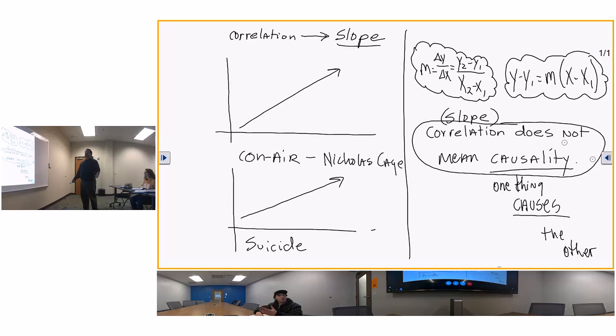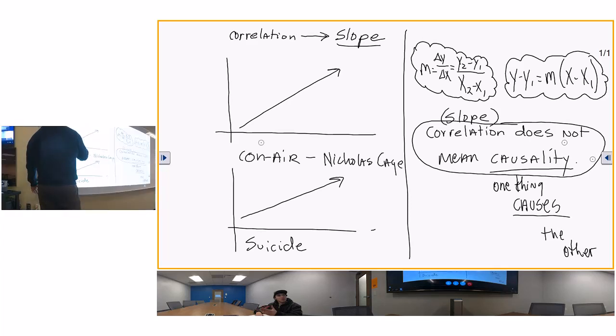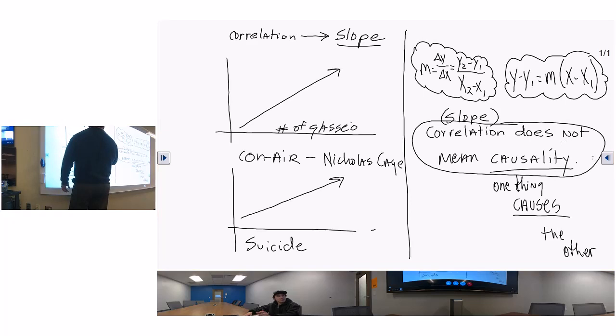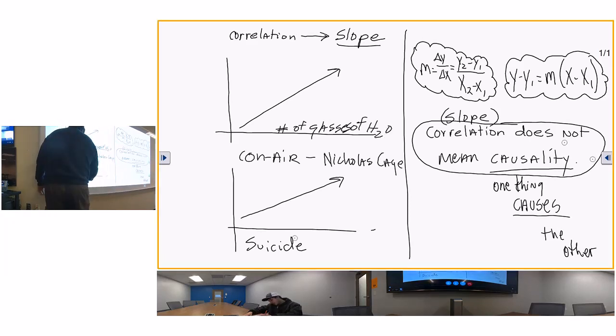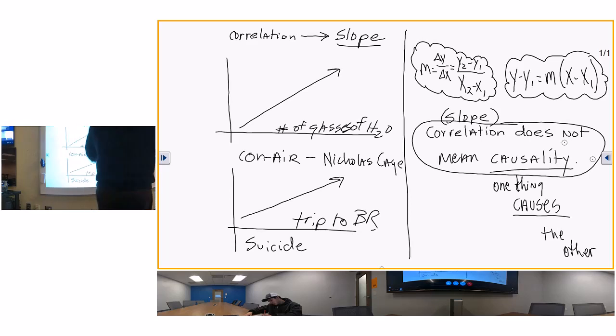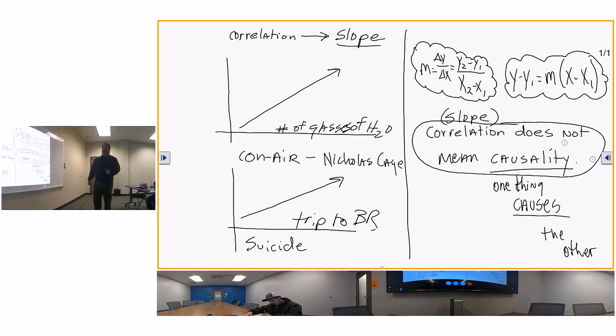Yes. That's when correlation is causality. So this would be number of glasses of H2O, and this would be trips to the bathroom. In that case, yes, one causes the other.